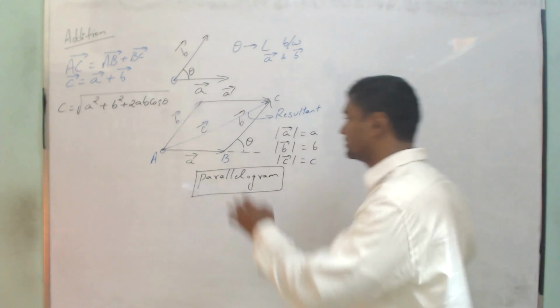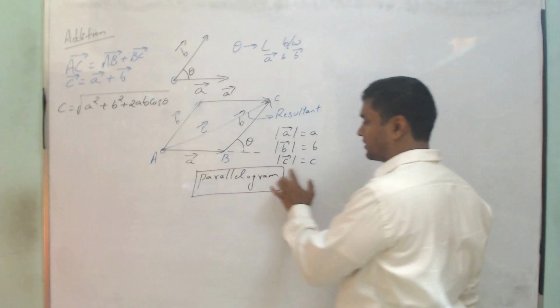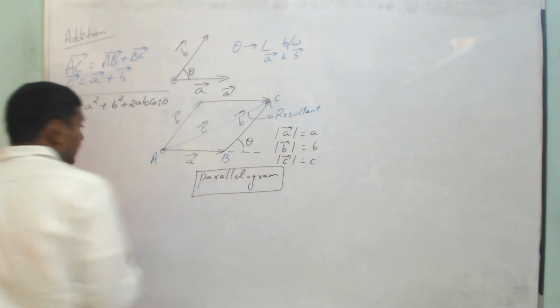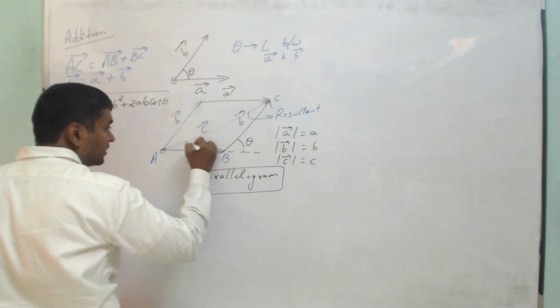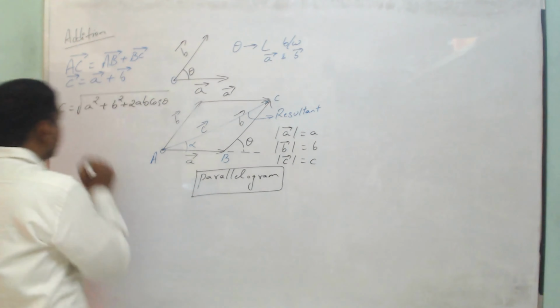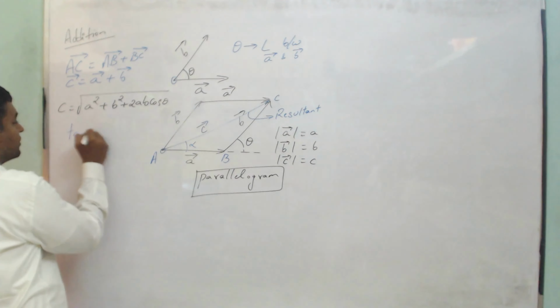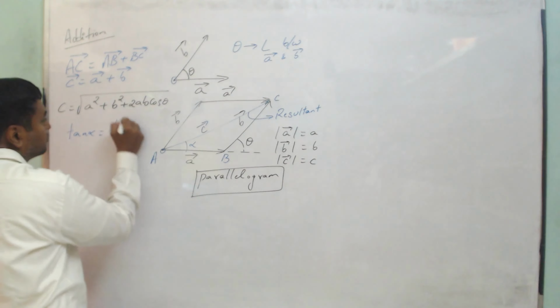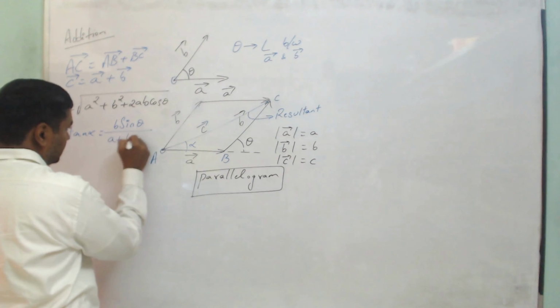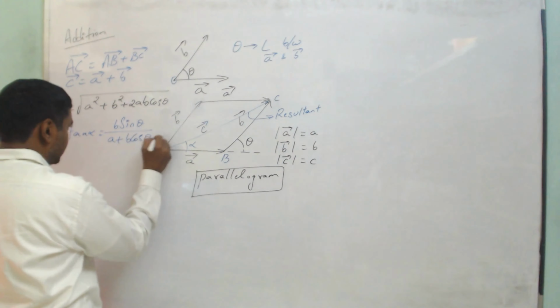C is nothing but the magnitude of C bar. To find the direction, I will say let the angle between C bar and A bar be alpha, okay? And we can find the angle by using tan alpha is equal to B sin theta by A plus B cos theta. Okay?